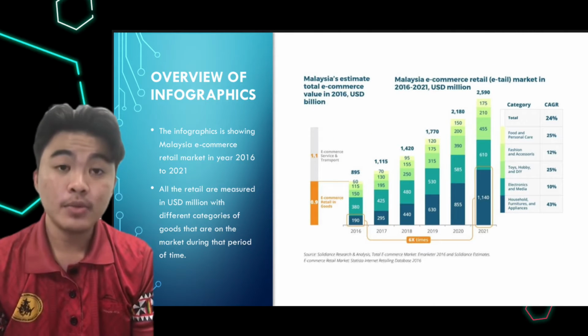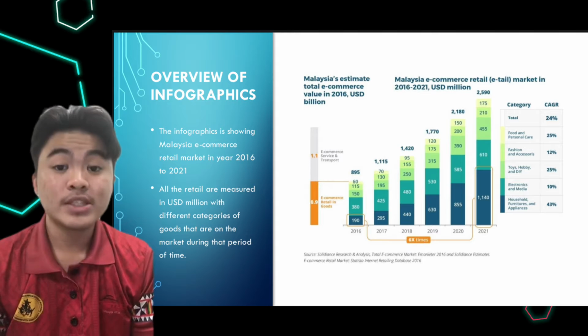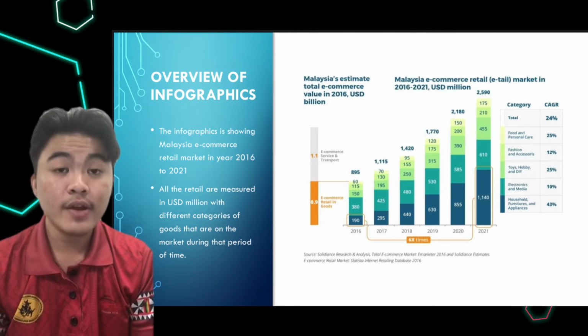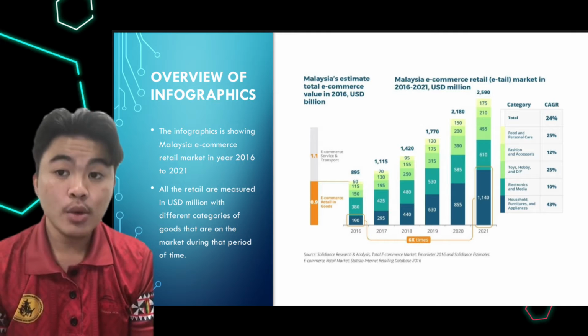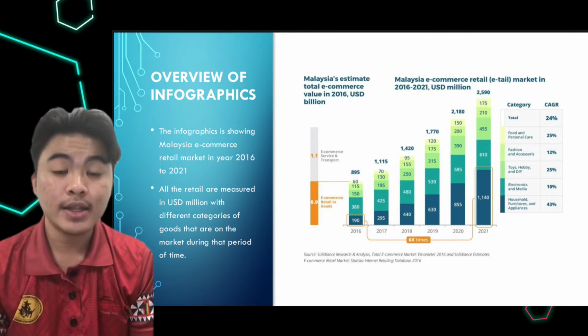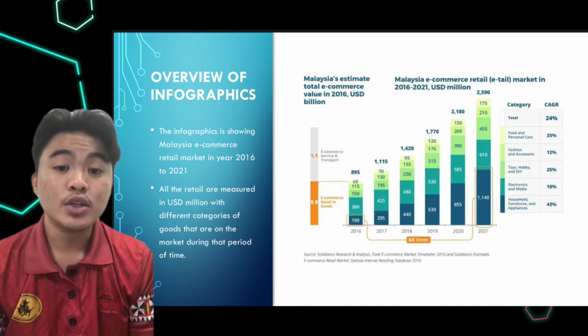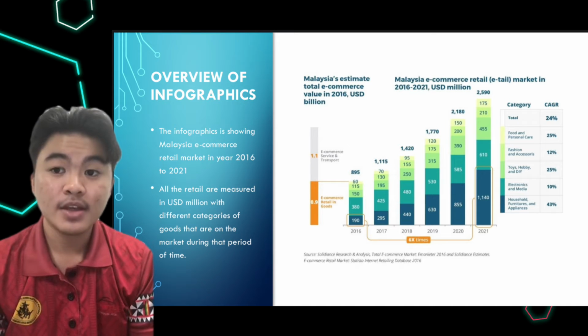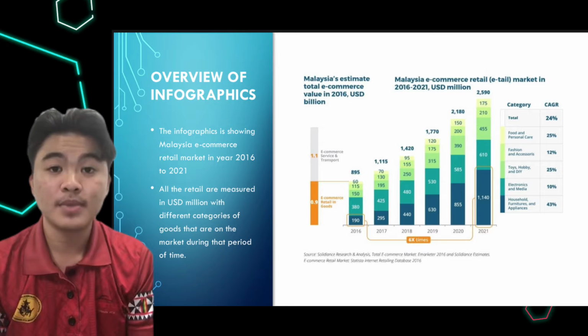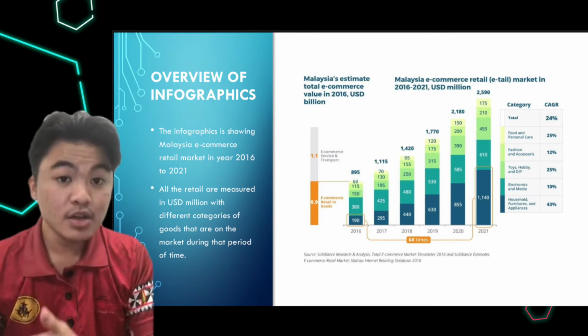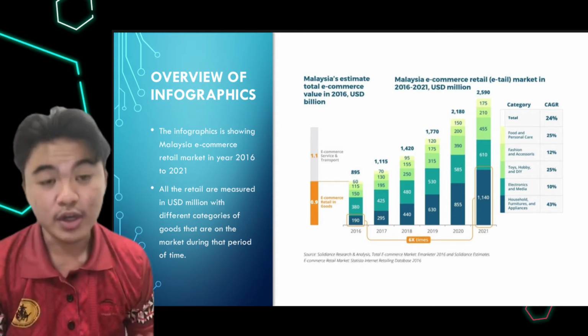Hello there, I'm Evo. For this part, I will be explaining about the overview of the infographics that we found on the internet. The infographics is showing Malaysia's e-commerce retail market in 2016-2021. All the retail are measured in USD million with different categories of goods that are on the market during that period of time, from 2016 until 2021.